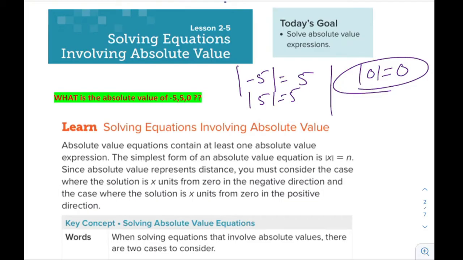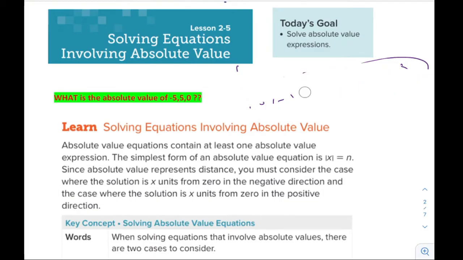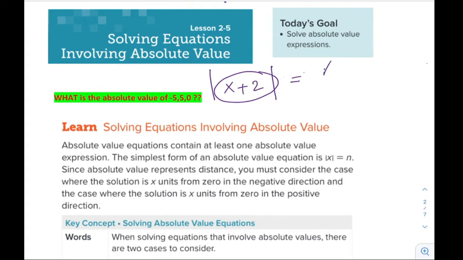Now, turning to our lesson, which is absolute value equations, it means that we are going to have an equation with two equal sides, one of the sides including absolute value, and it can include any expression inside the absolute value, x plus or minus any number, and on the other side we will have a number, or we can also have another expression without the absolute value.